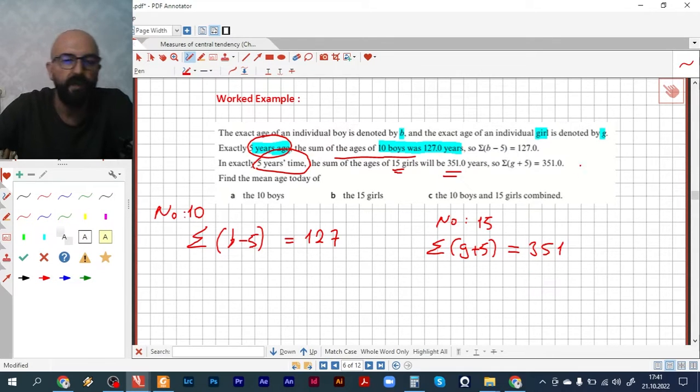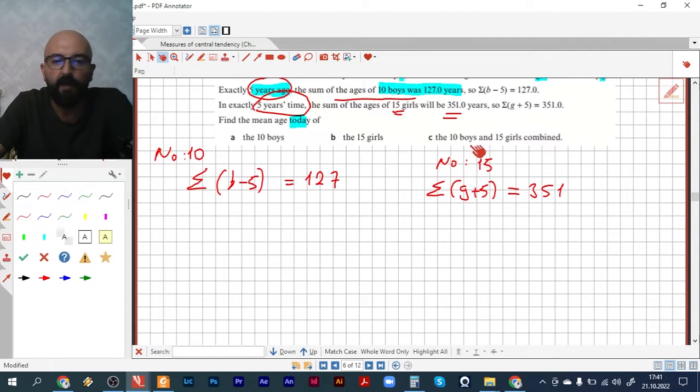Okay, and please notice that, find the mean age today of the 10 boys, the 15 girls, the 10 boys and 15 girls combined.